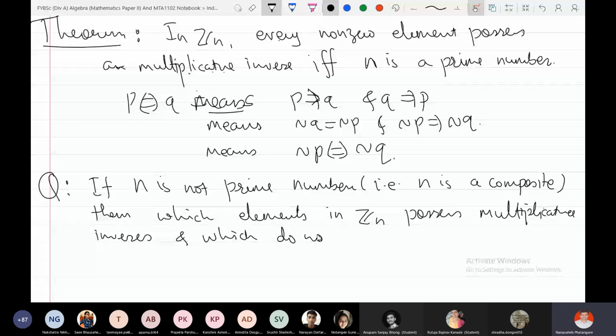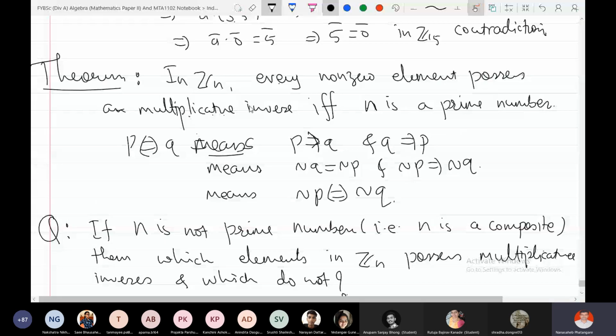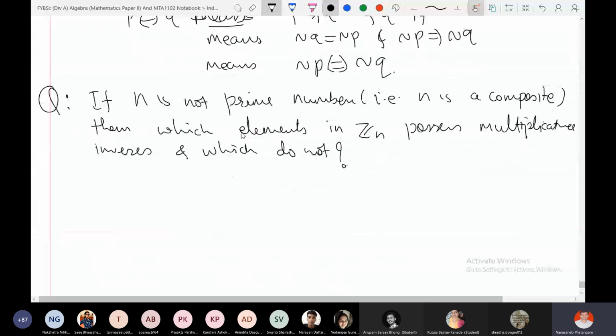The question is clear. This question should immediately come to your mind. If n is composite, then the condition fails that every non-zero element has a multiplicative inverse. In Zn, which elements possess multiplicative inverses and which do not? Is the question clear? Yes.